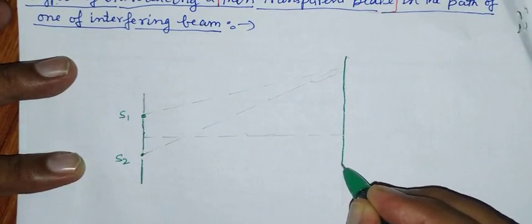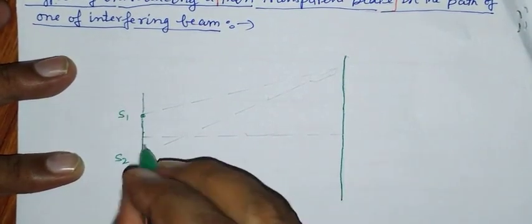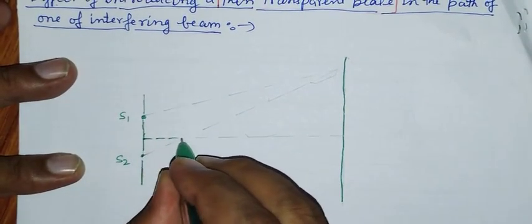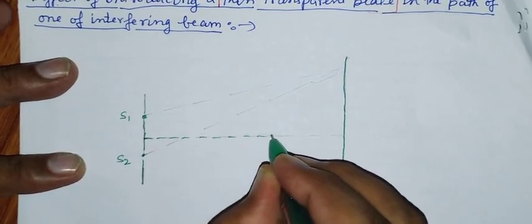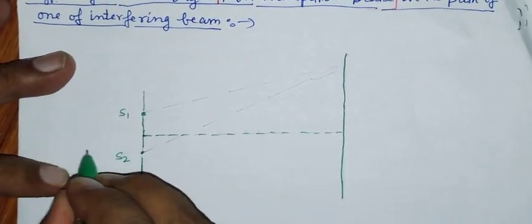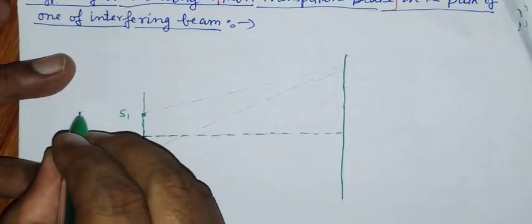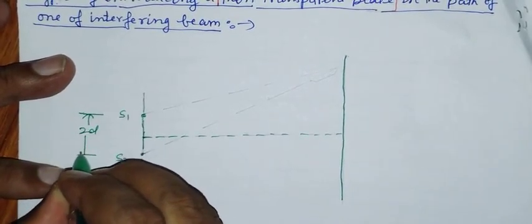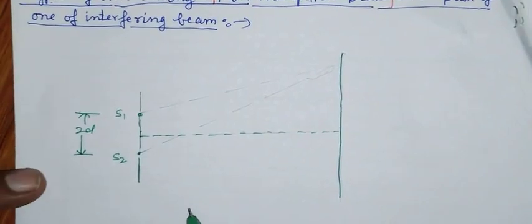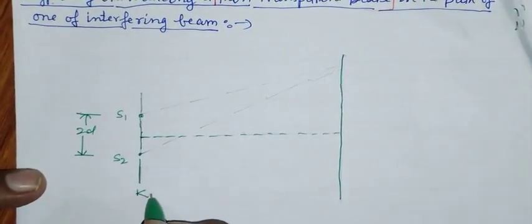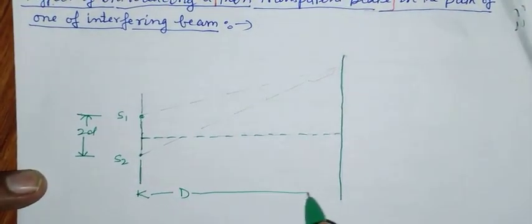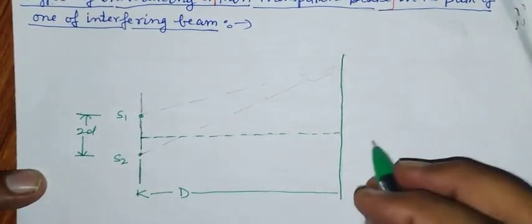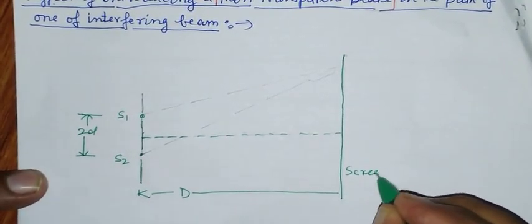A screen is kept here. If 2d is the distance between the virtual sources and capital D denotes the distance between the virtual sources and the screen.